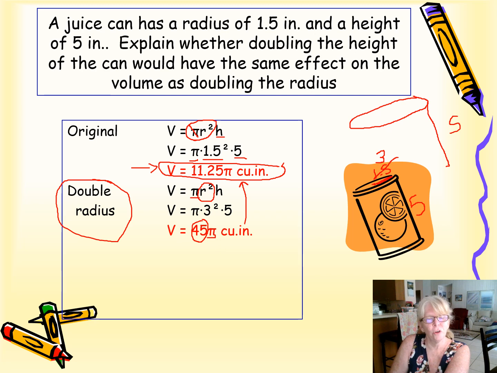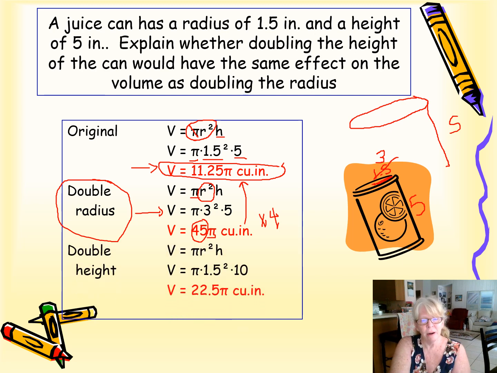If you took 11.25 times 2 for doubling, it didn't work, right? So then times 3, then times 4, you would find out that this is now 4 times greater. And you can actually just memorize these later without having to do them. Doubling the radius in a can, 4 times greater, but you need some practice with that.